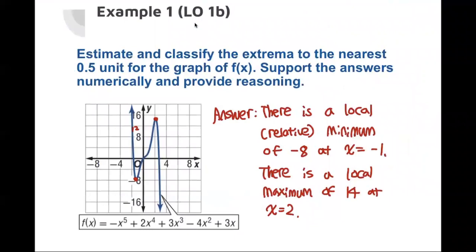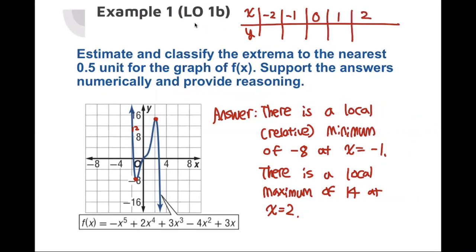They want us to support the answers numerically, so we have to make a table, right? This is related to the function rule we learned in lesson 1.1. So let's make a table. We just need a few numbers, okay? Let's just do -2, -1, 0, 1, 2, okay? When it's -2, it's corresponding to something like 8.